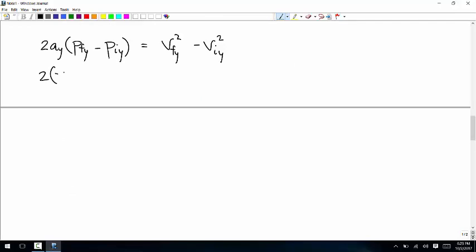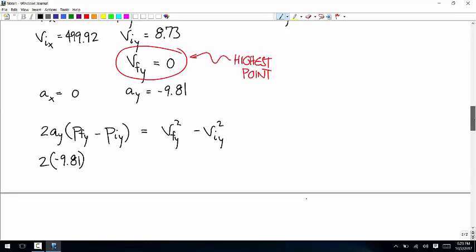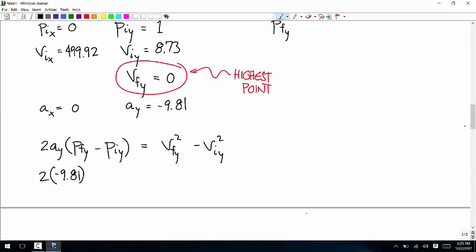So 2 times negative 9.81 times the quantity PFY minus 1 is equal to 0 squared minus 8.73 squared.